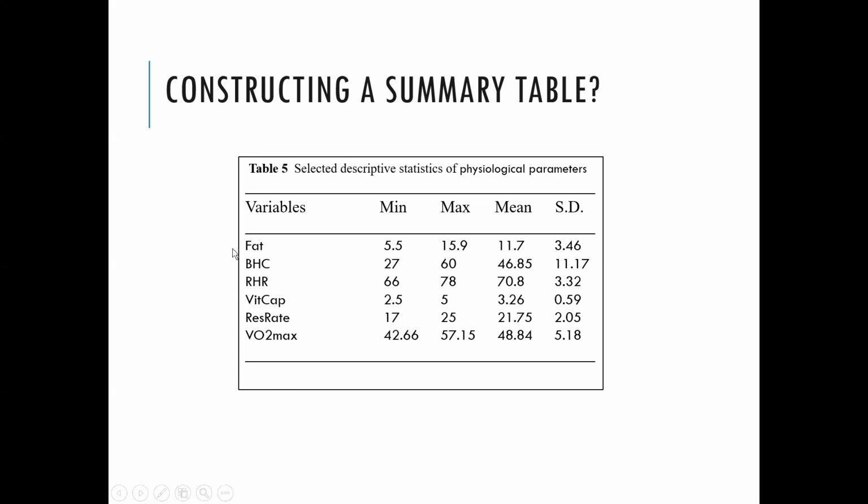Let's say this is fat, and based on the values, I don't think that's percentage body fat, but let's say down here it's a VO2 max, right? So these are the different variables that we're measuring, and then we're getting statistics from those variables. So here, this is our minimum value for the variable fat, our maximum value, and our mean value. And remember, when we present the mean, we most often also present the standard deviation, and in this case that is 3.46.